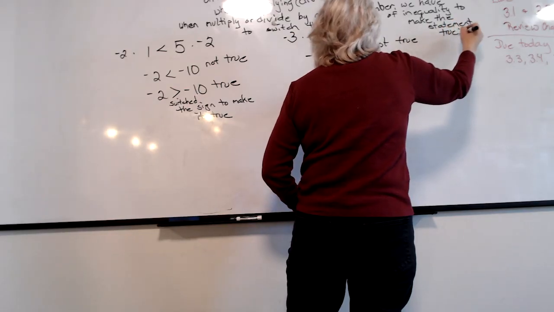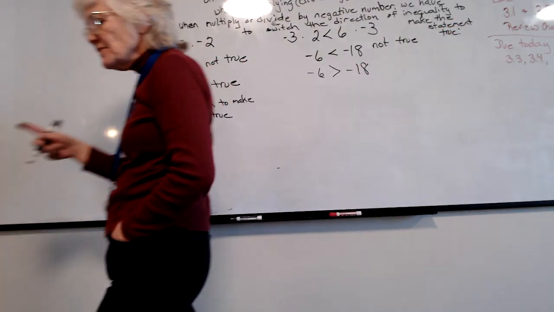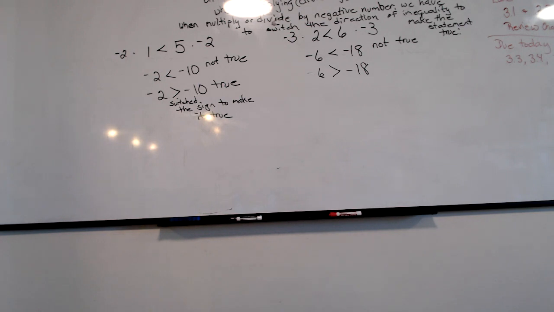Okay. That is the only difference between solving an inequality and solving an equation. Everything else remains the same. This is the only thing that's different, and it's one of those things you have to remember to do.